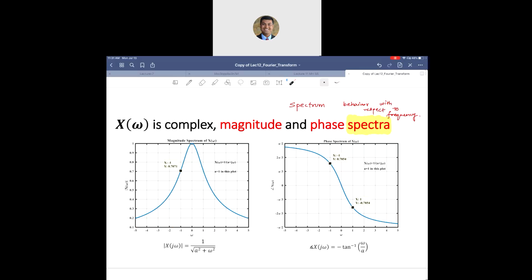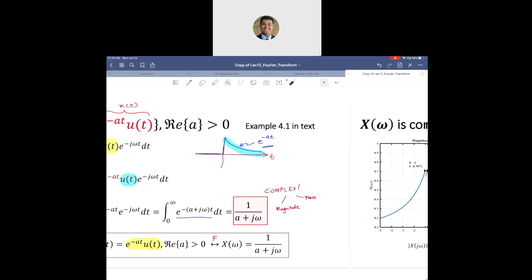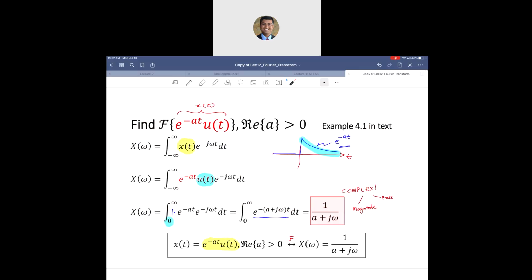Well, spectrum is essentially indicating that my x-axis is omega or f, right? It's the behavior with respect to frequency. So how does magnitude of the function behave with respect to frequency? Well, for that, I would need to find the magnitude of x of omega. What is the magnitude of the function? Well, x of omega is 1 divided by a plus j omega.